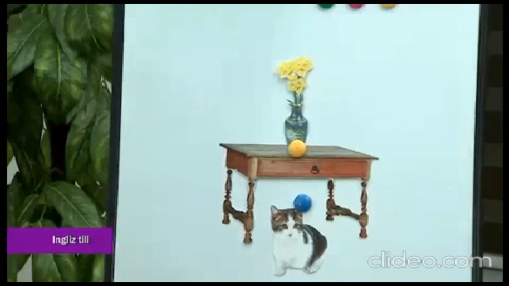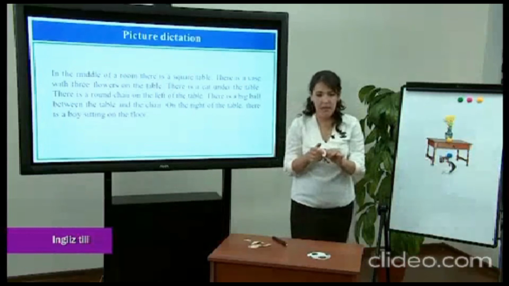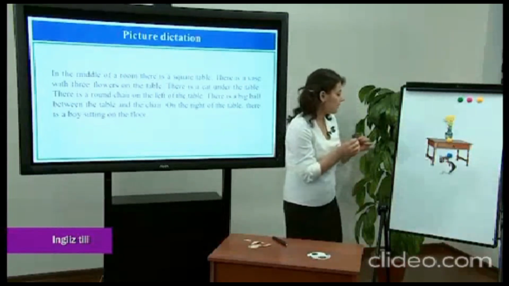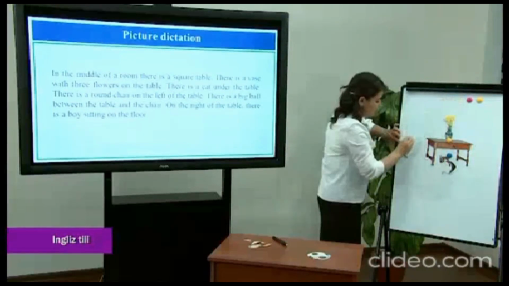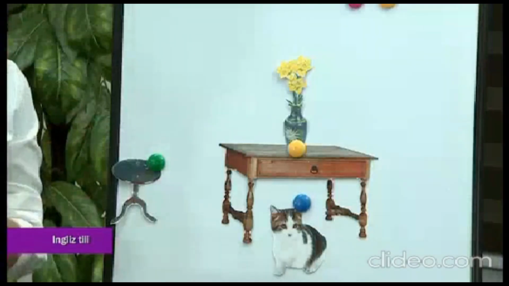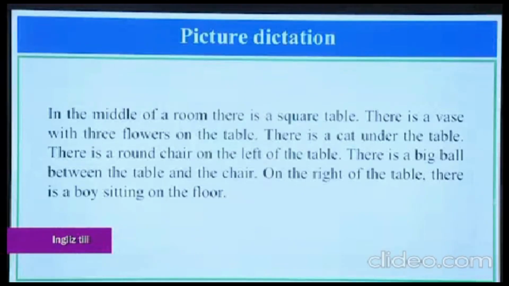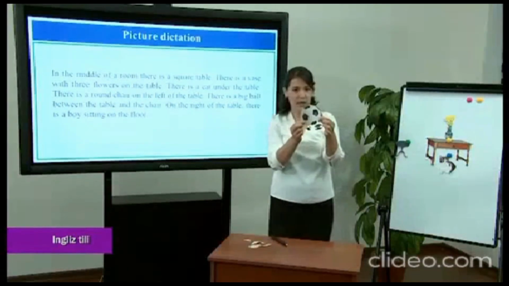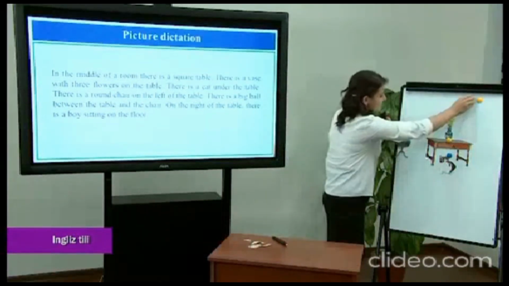There is a round chair on the left of the table. This is a round chair, and it is on the left of the table. And the next sentence, there is a big ball between the table and the chair. This is a big ball, and it is between the chair and the table.